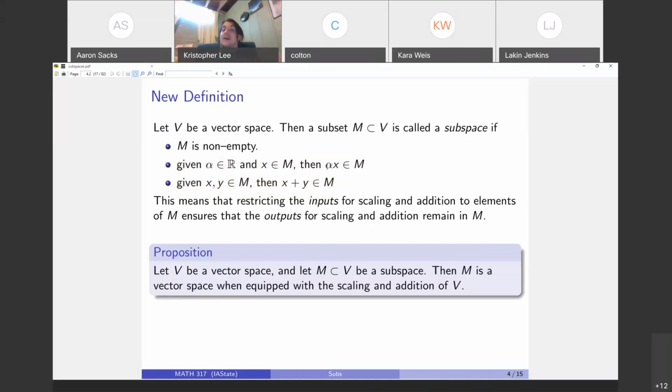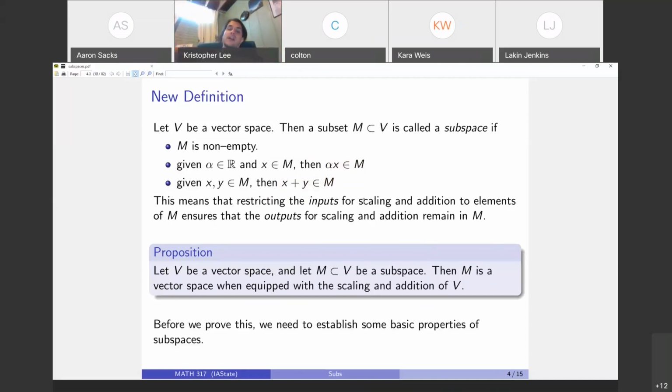Because I can talk about scaling something and I can talk about adding things that belong to M. The scaling and the summation do not jump outside of the set. So this is what we want to prove. What does that mean? That means that we need to verify that these operations check off all 8 boxes for the requirement of being a vector space.